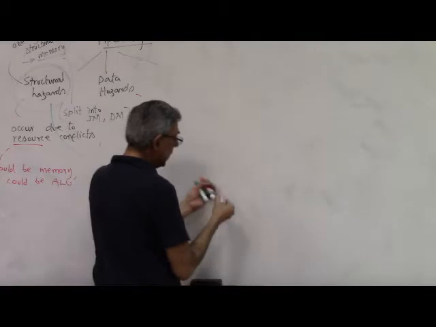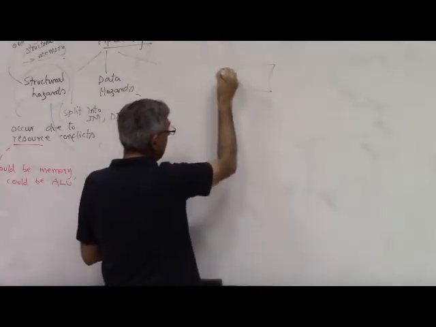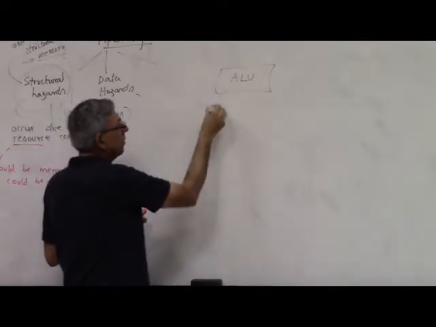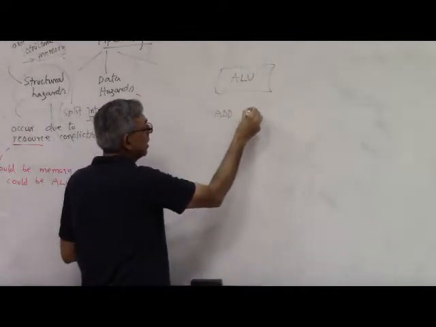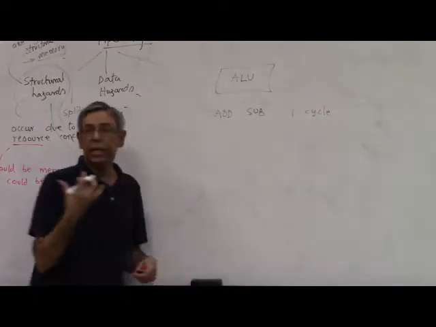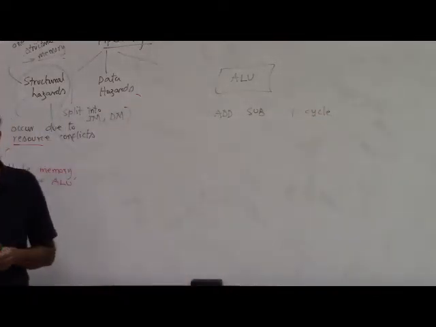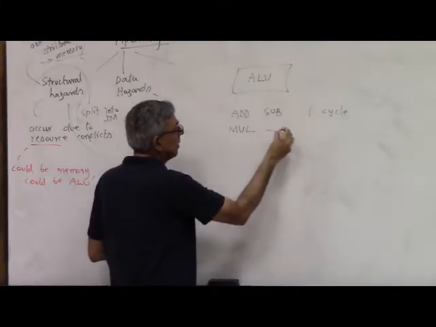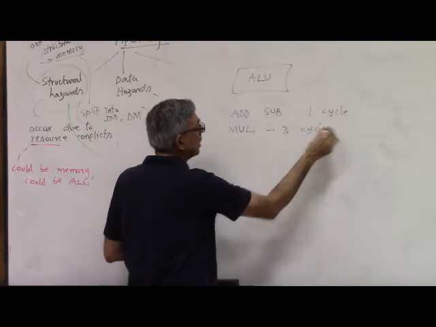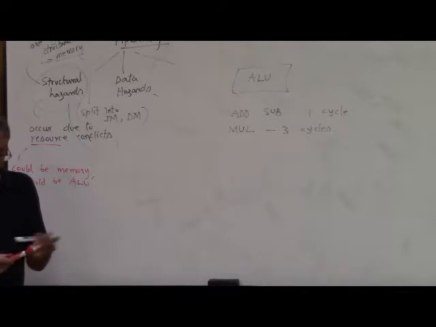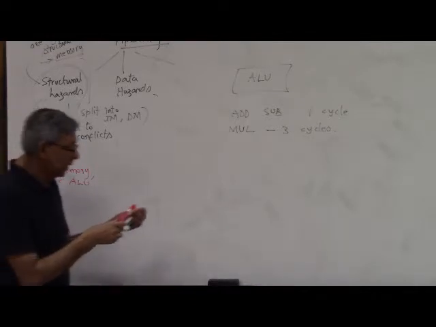Okay, so suppose we have our ALU, and let me assume add and subtract take the equivalent of one cycle delay to produce the correct result, right? Let me pretend multiply takes the equivalent of 3 cycles, right? So now let's take a look over here.